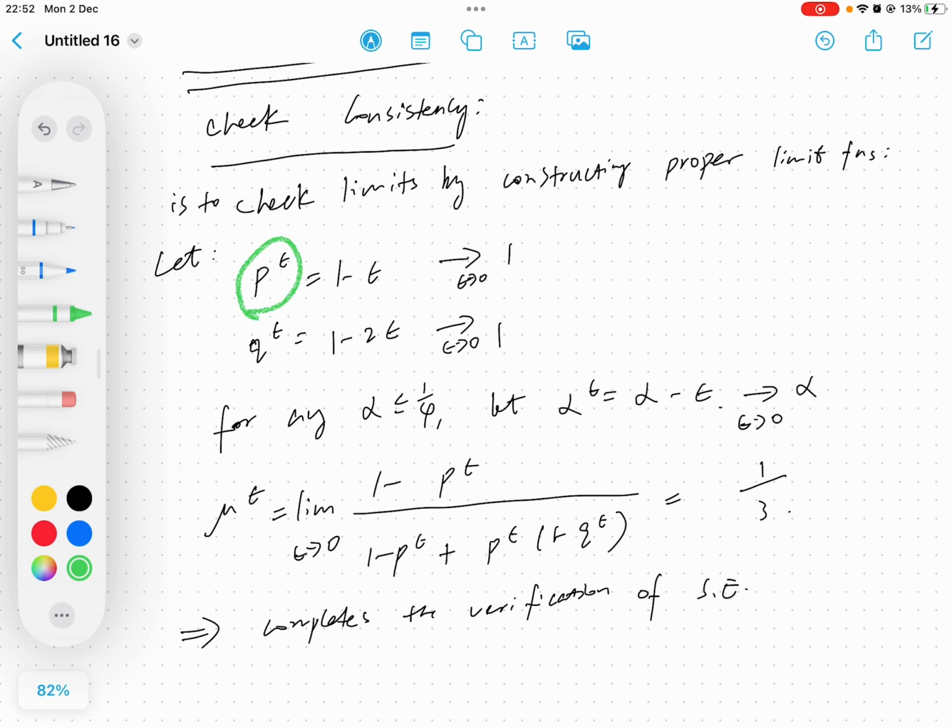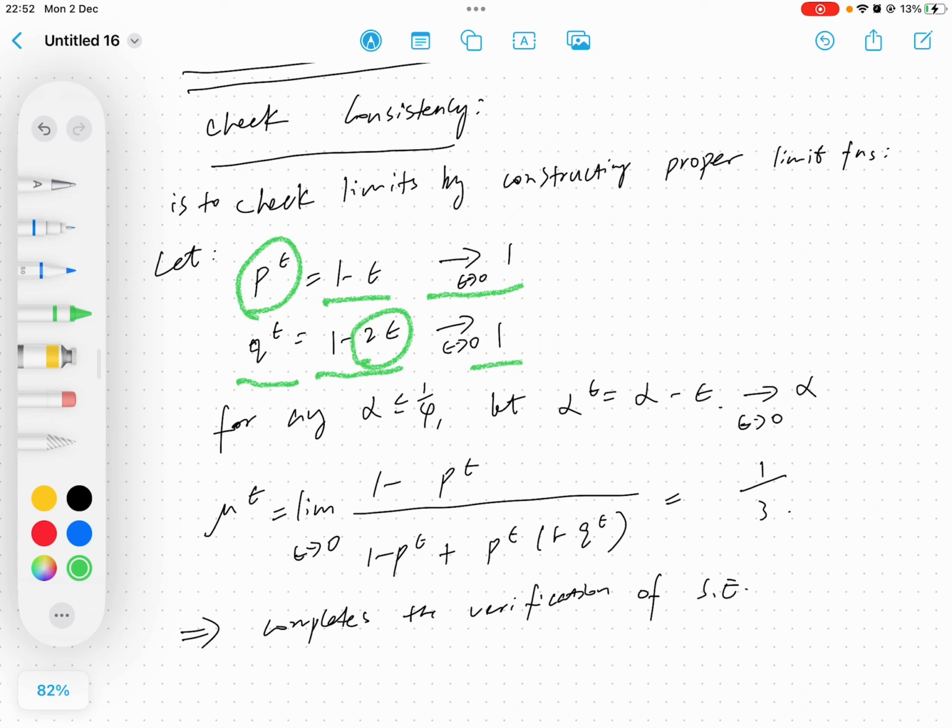This function we simply define as 1 minus epsilon. So if epsilon goes to 0, this goes to 1, of course. And similarly, let's define q epsilon to be 1 minus 2 epsilon, and that goes to 1, of course. Why are we having 2 epsilon here? That'll be simply helpful for us to derive the correct belief in the Bayes rule.